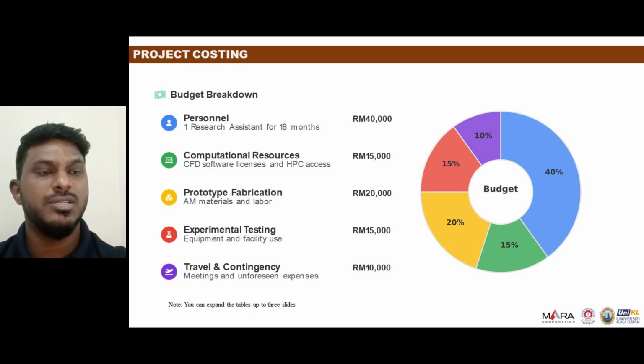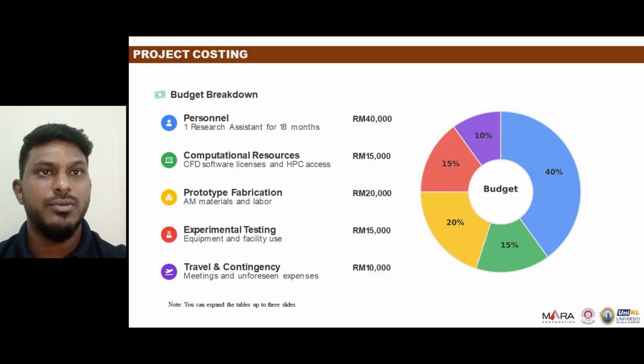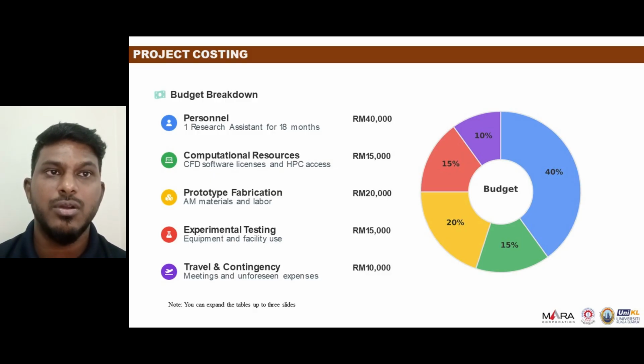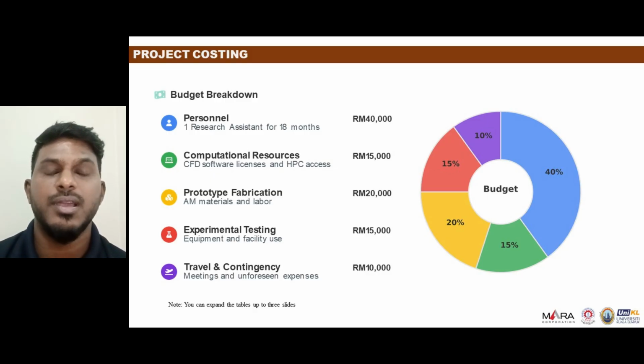So our budget breakdown: personnel will be 40,000, computational resources will be 15,000, prototype fabrication 20,000, experimental testing will be 15,000, and then travel and contingency will be RM10,000.